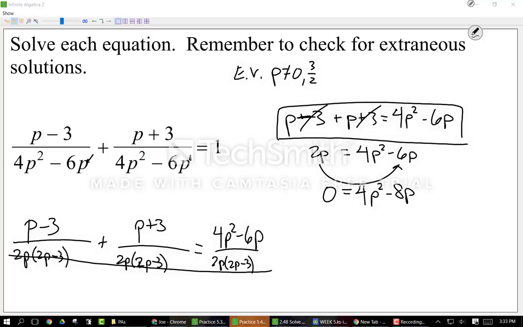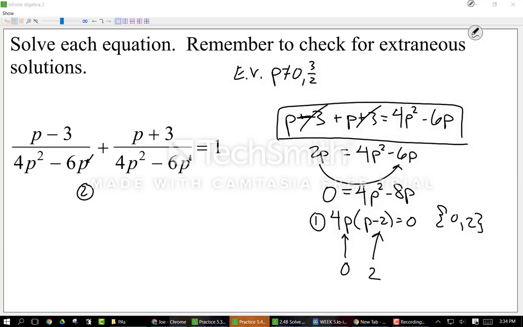Now let's figure out what I get for my values. First method, I can try to factor out. What can I factor? I can factor out a 4p. I'm left with a p minus 2 equals 0, right? Then this becomes the 0, and this becomes a positive 2. So my answers are 0 and 2. The second method, I can try to factor with an x.